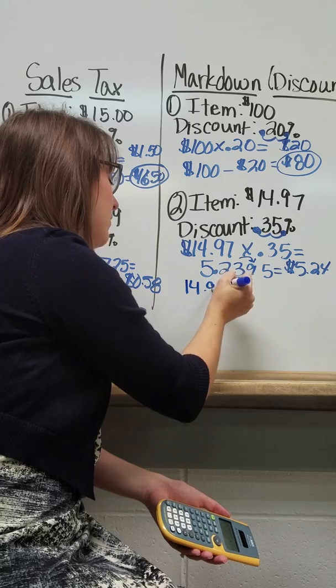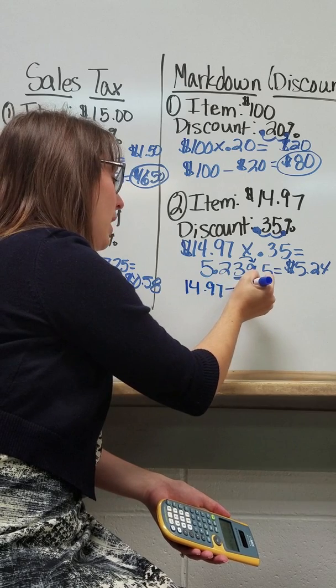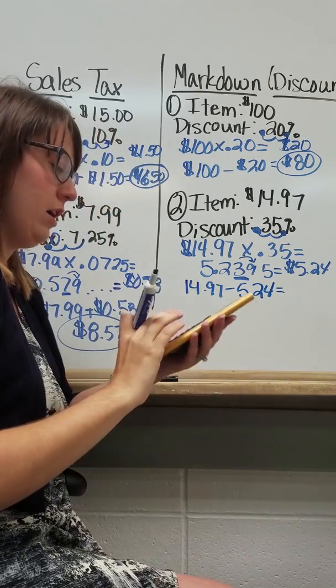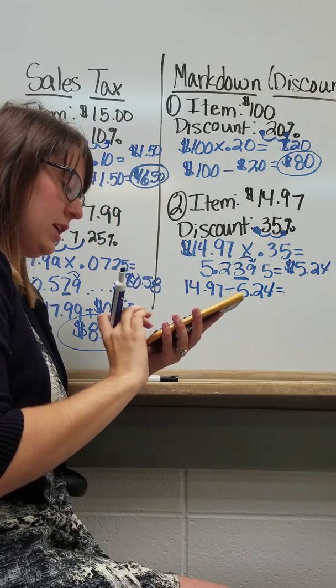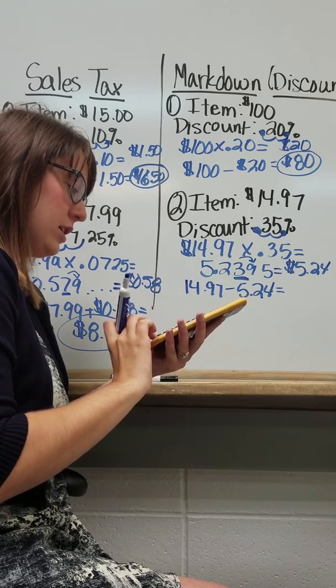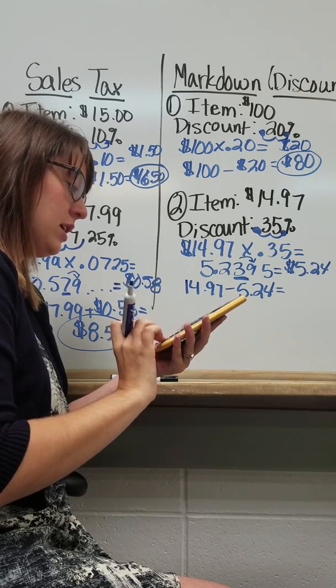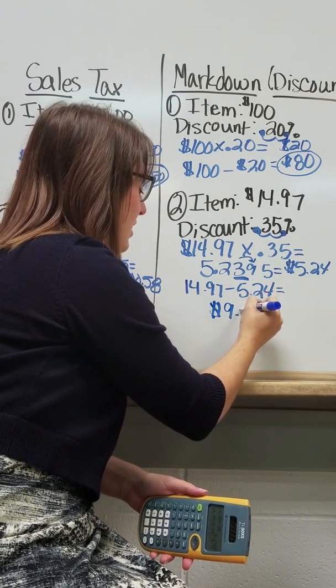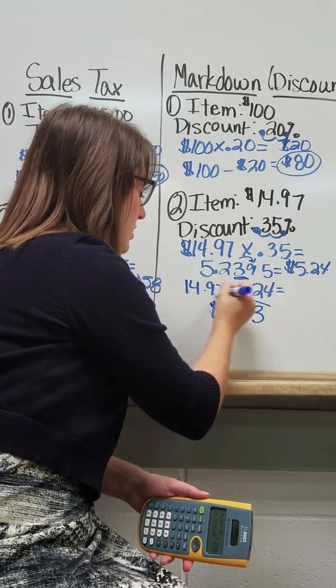So $14.97 was our price. We get $5.24 off. $14.97 minus $5.24 is $9.73.